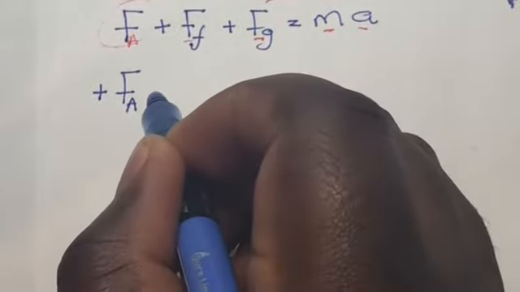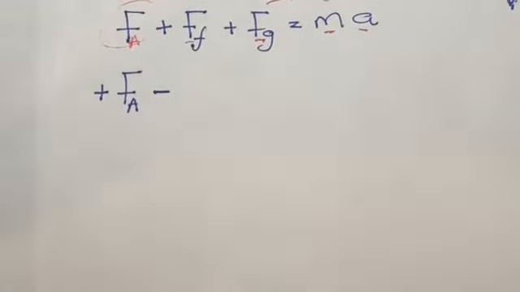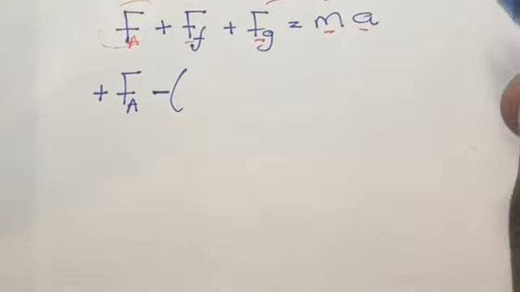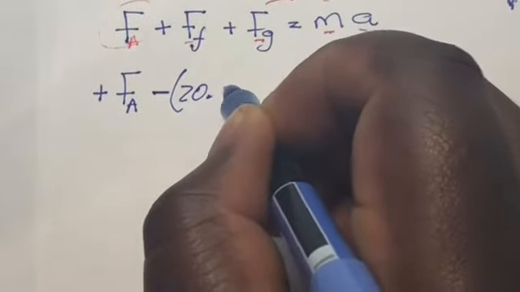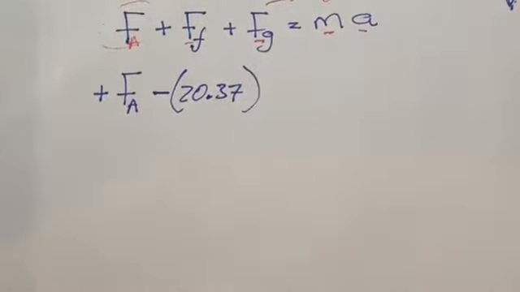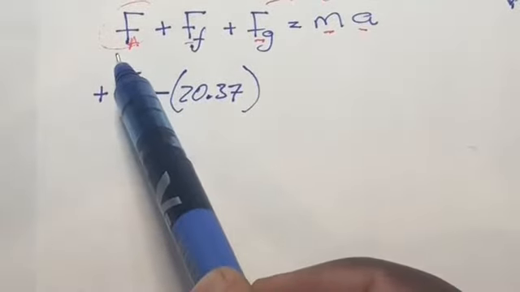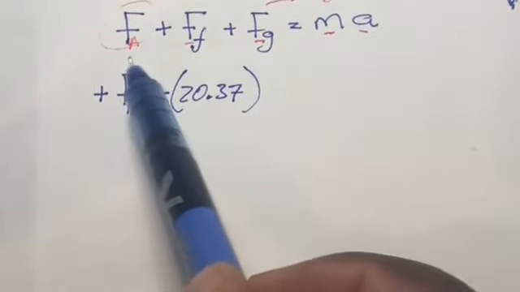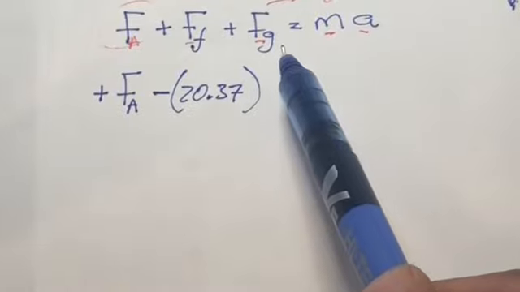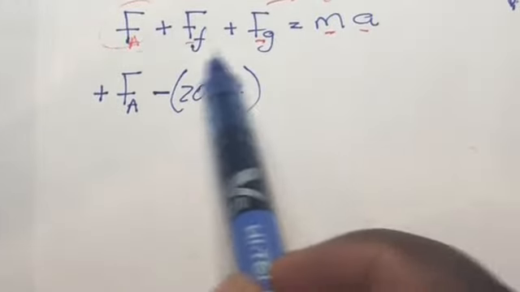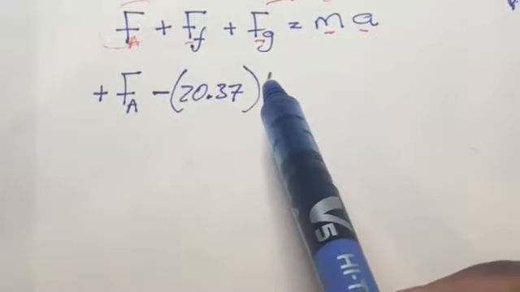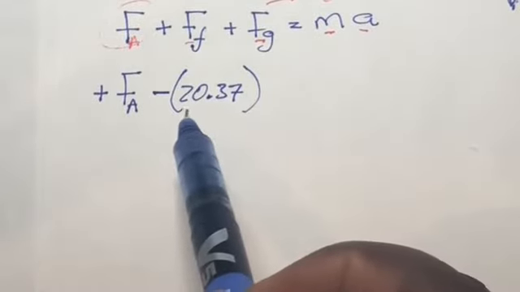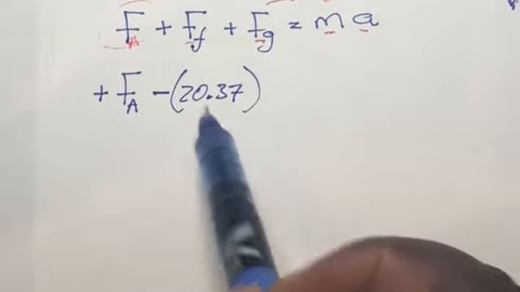We've got a force of gravity which is acting against the applied force. So in brackets, let's substitute the force of friction we were given as 20.37 newtons. Remember, guys, everything substituted in this part of the formula is a force, which means its unit is Newton. So you shouldn't be substituting by mistake something which is not a force. Let's say, for instance, for some reason you forget that the force is 20.37, you substitute 8.